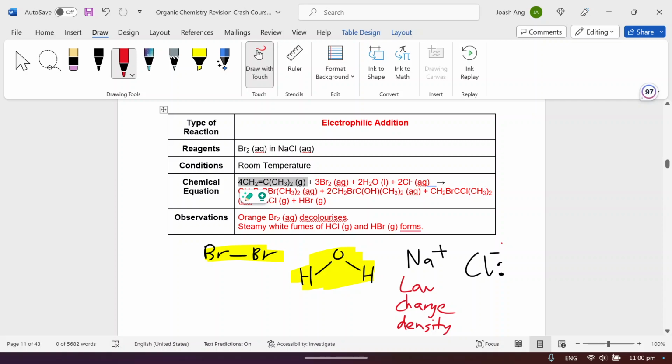So with Br-Br and H2O as your electrophiles, you must be wondering which one I should use as an electrophile. The correct answer is you have to use bromine as your electrophile. For H2O, we have to look at which bond is easier to break.